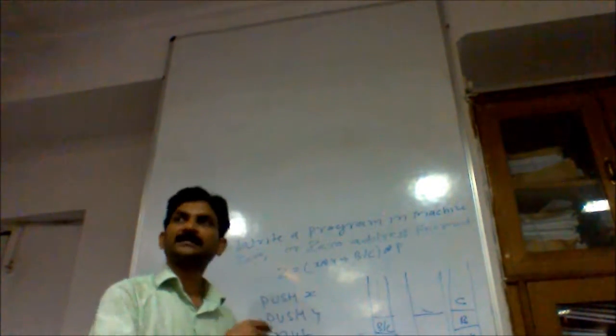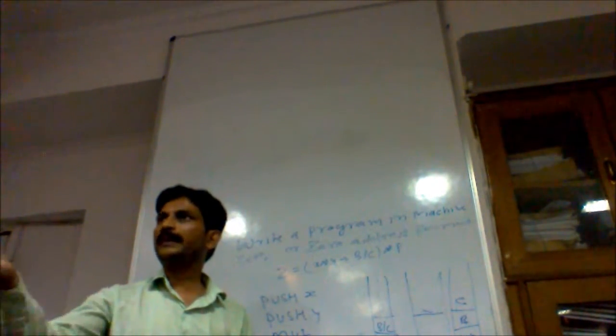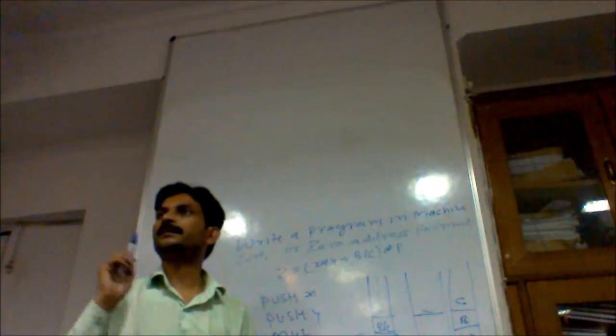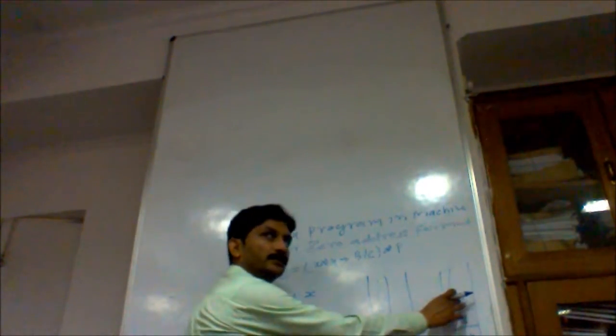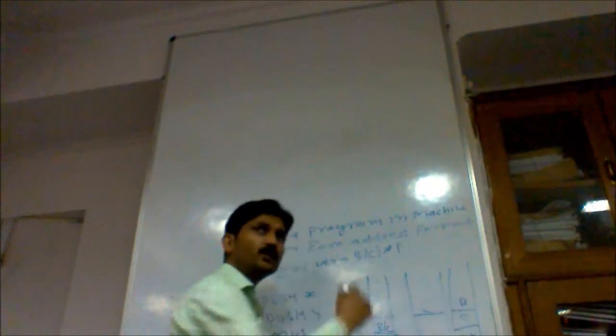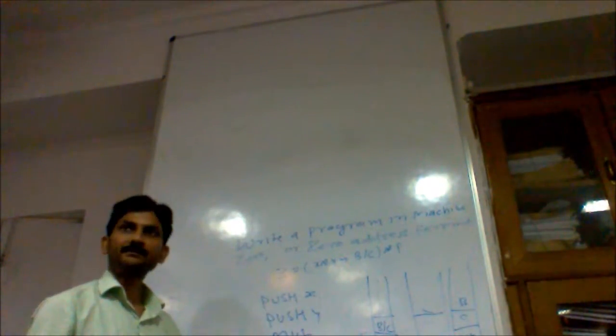Then next statement, you have to perform the addition of x star y with b by c. Means x star y plus b divided by c. Okay. Then the next step.